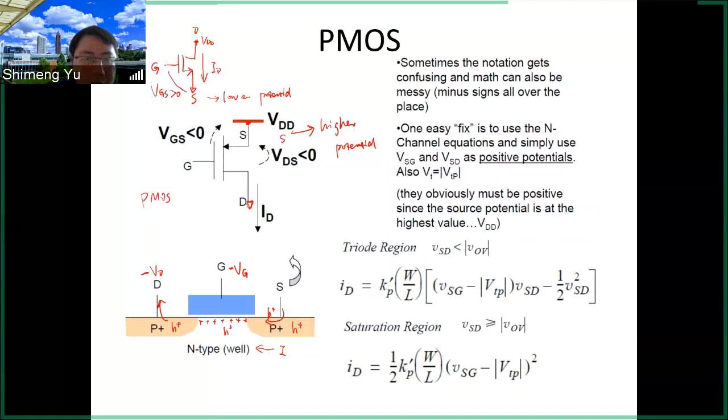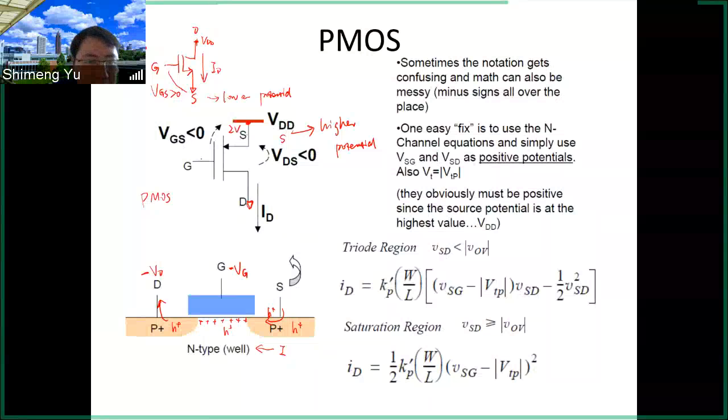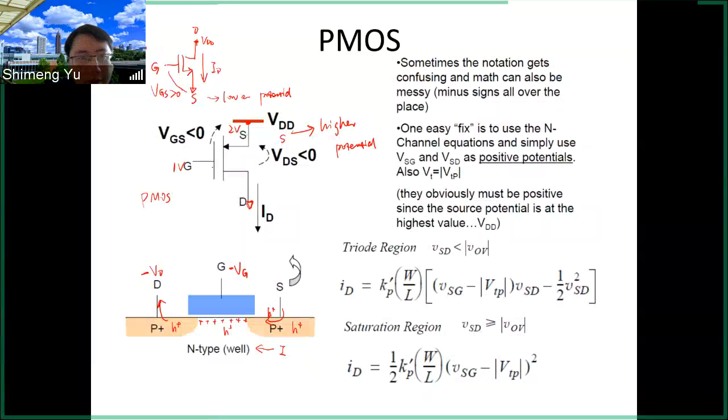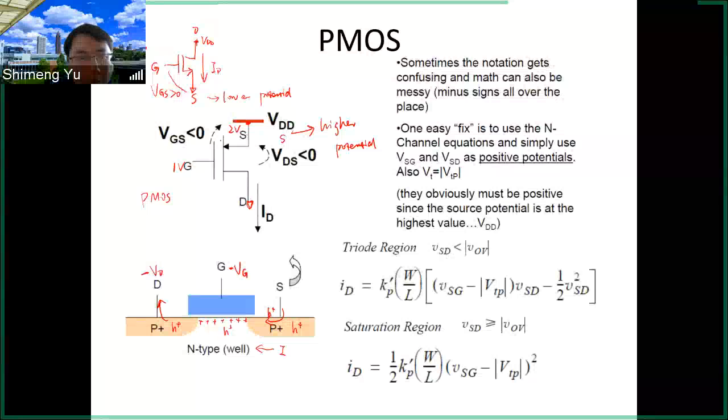For example, let's say VDD is 2 volts, then your gate is 1 volt. We always say VGS, so we use S as a reference. That means you need to use Vg minus Vs. So Vg is 1 volt, Vs is 2 volts, so 1 minus 2 is -1.